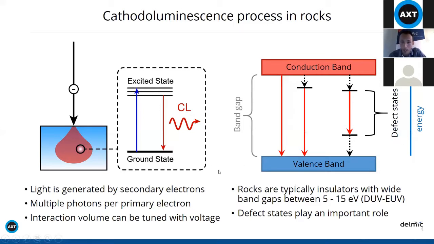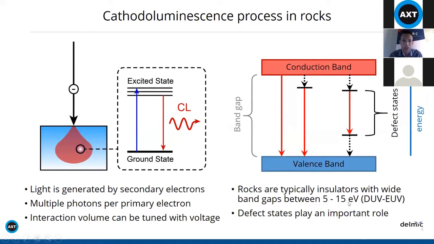Now, rocks are typically insulating materials, which means that they have wide band gaps. To briefly explain that, the band which represents the equilibrium state of the material, and the band which represents the excited state of the material, the conduction band, are separated quite far apart by 5 to 15 electron volts.